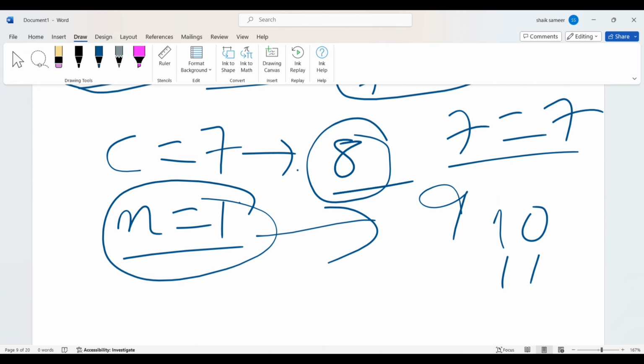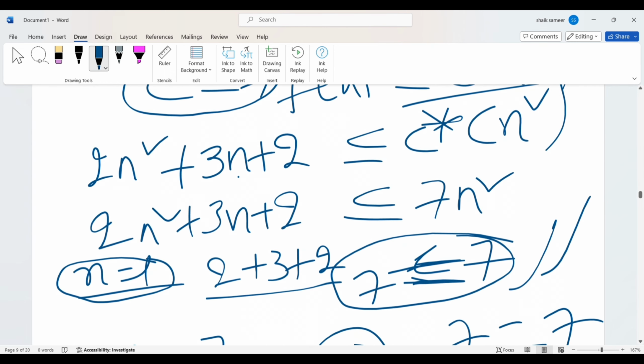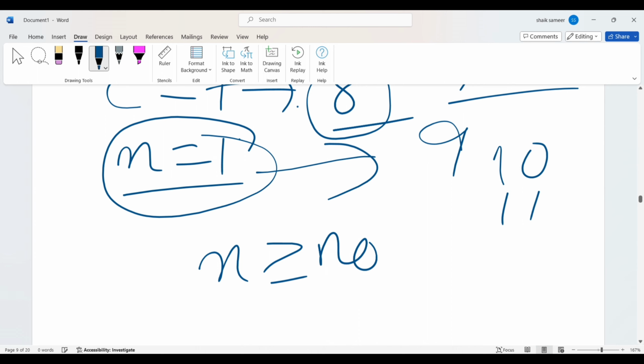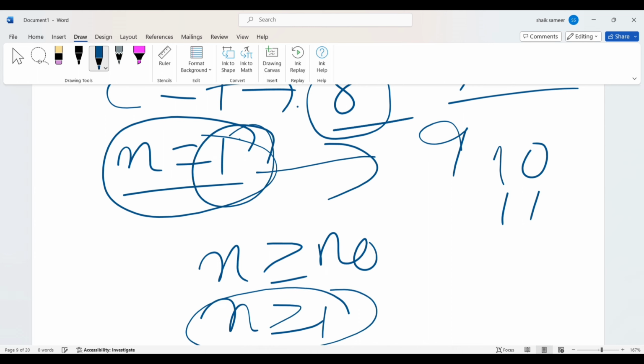So that we can write n greater than or equal to n naught. N naught becomes 1 because we have substituted n equals 1. So c value becomes 7. At this particular value of 7 the condition becomes true.